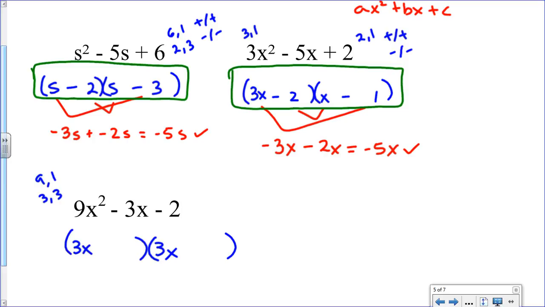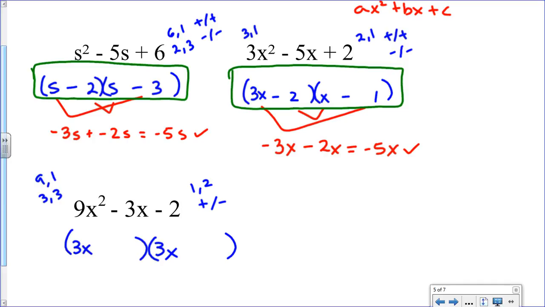What are my factors of 2? Good. So 1 and 2, it's a negative 2. So my signs are a positive and a negative. It could be negative positive, but one has to be negative, one has to be positive.